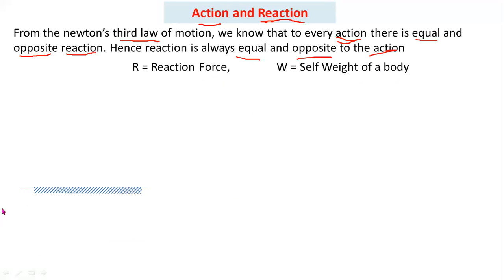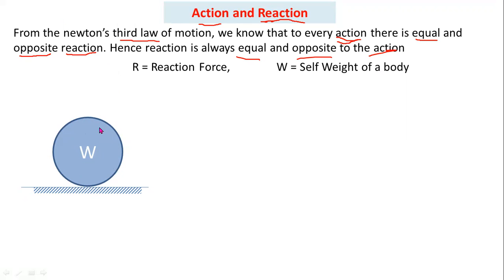Now let's consider a horizontal, smooth or rough plane. This is a fixed, or rigid, plane. Now I am considering a circular roller of weight W, where W is the self weight of this roller.